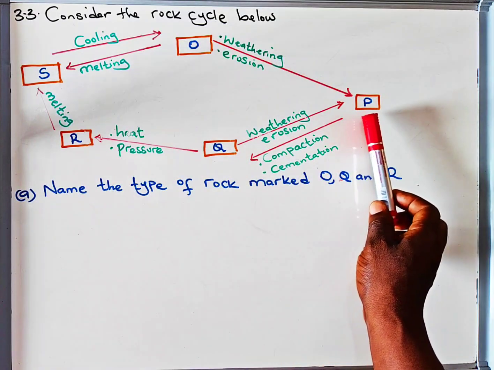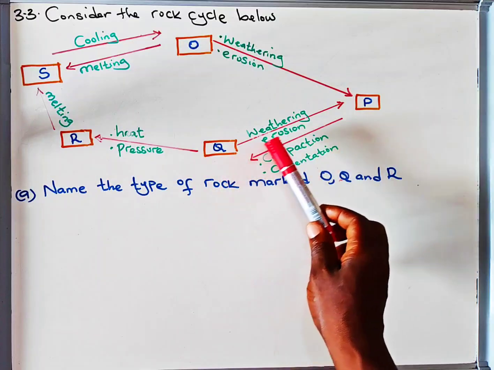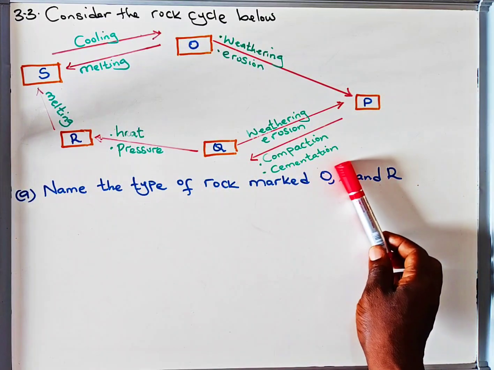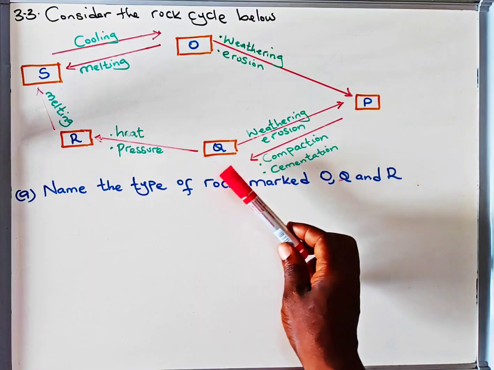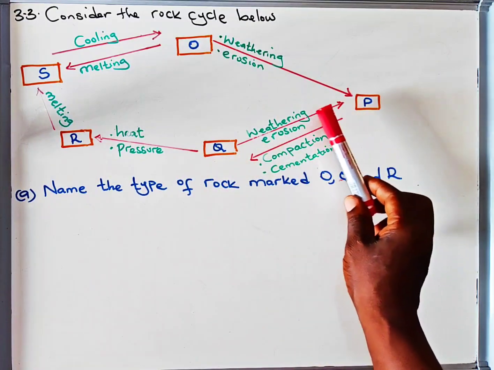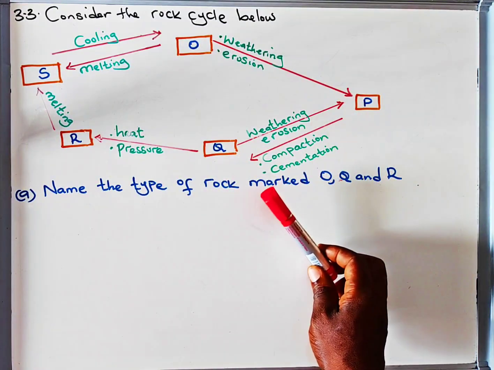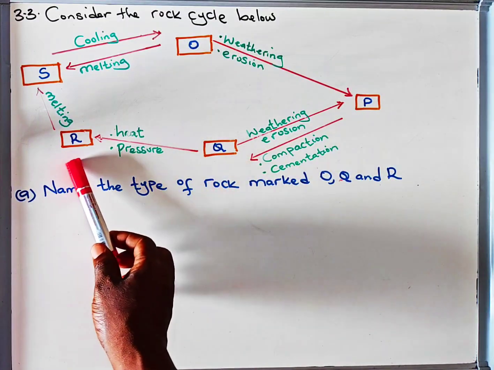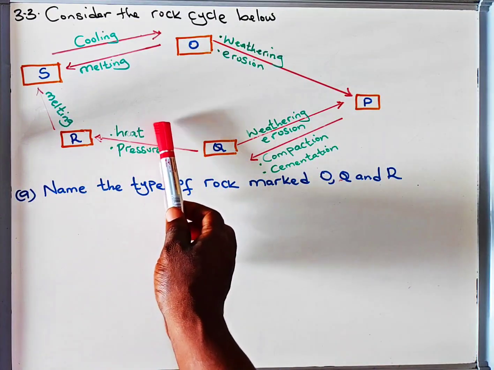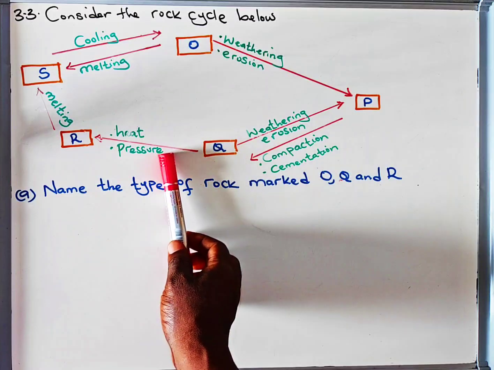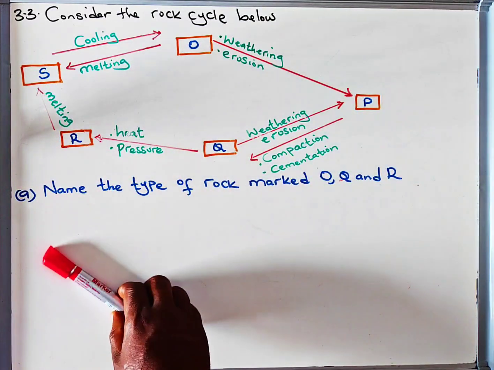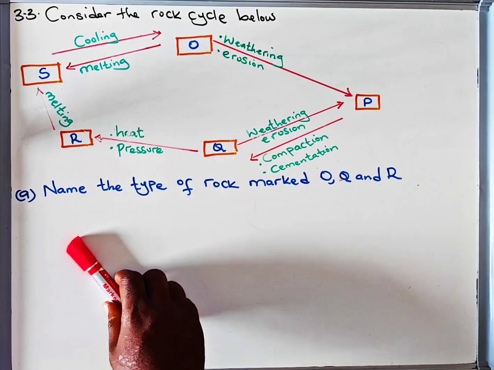Then P turning into Q after compaction and cementation. Meanwhile, Q can turn into P after weathering and erosion. We'll have Q turning into R under heat and high pressure, and R melting to S. So that's the cycle you're having.